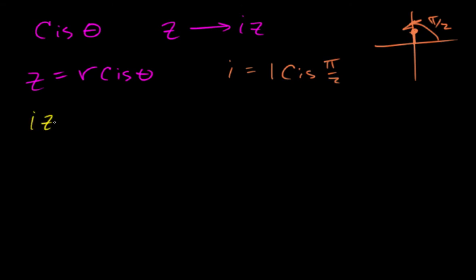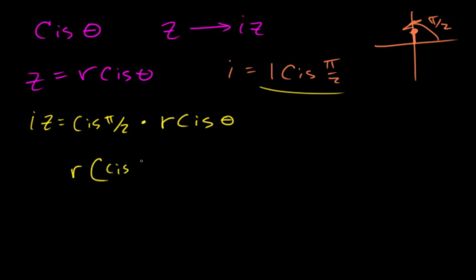And so iz is going to be equal to these multiplied together: cis pi halves multiplied by r cis theta. Knowing the properties, if we multiply these together, we multiply the outsides, which is just r times 1, which is r, and then we add the insides, so it's cis of pi halves plus theta.